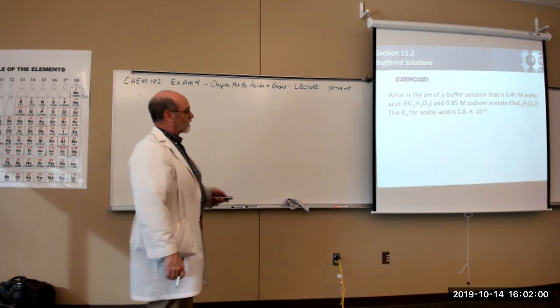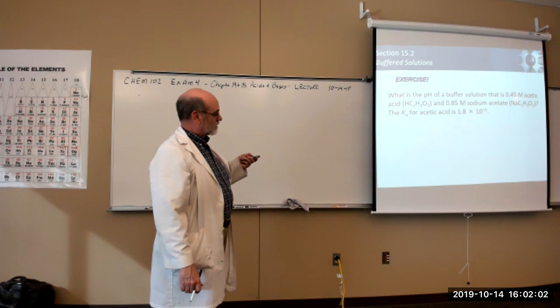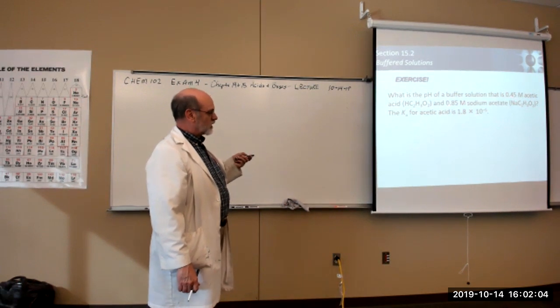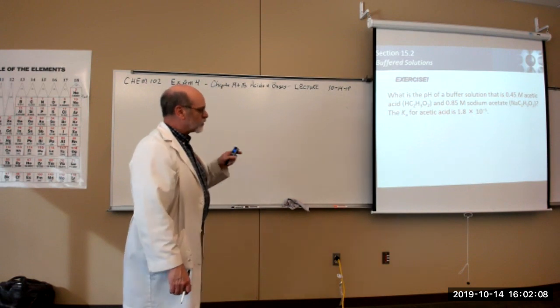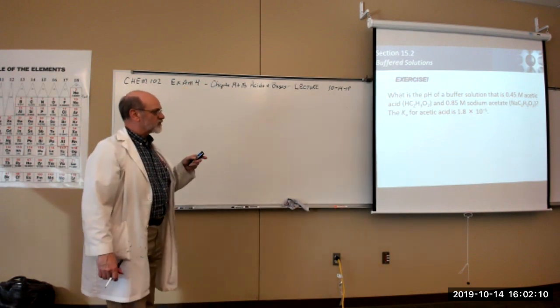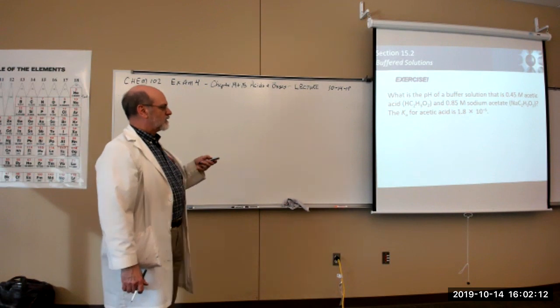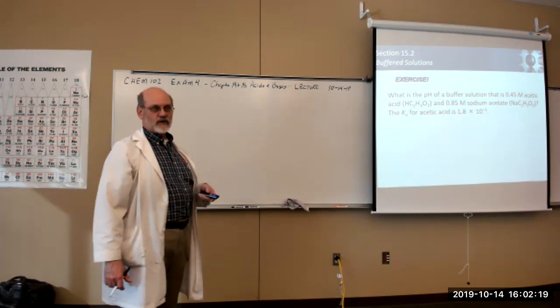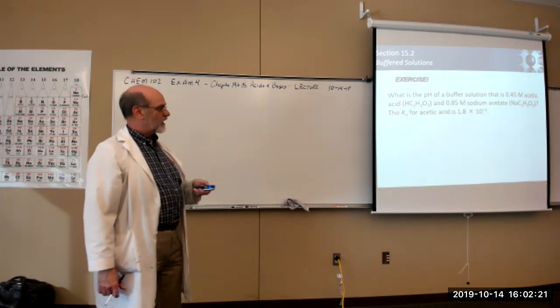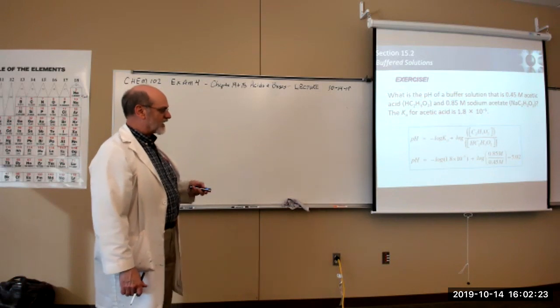Now, I'm assuming that when they tell us this, this is an equilibrium situation, and the Ka of acetic acid is that. If that's true, then this is the HA, and this is the A minus, and we just plug those values into our Henderson-Hasselbalch, and we get the answer.